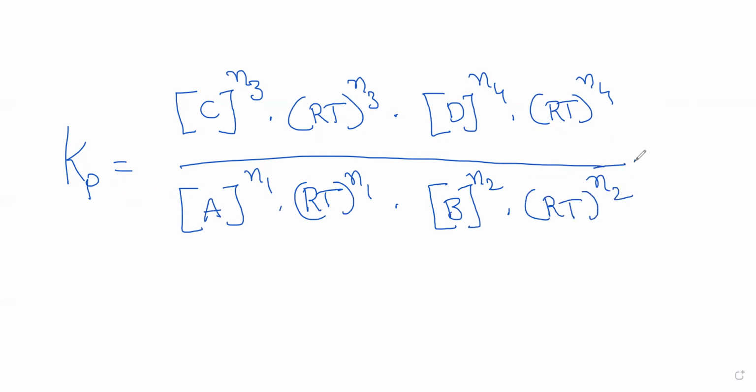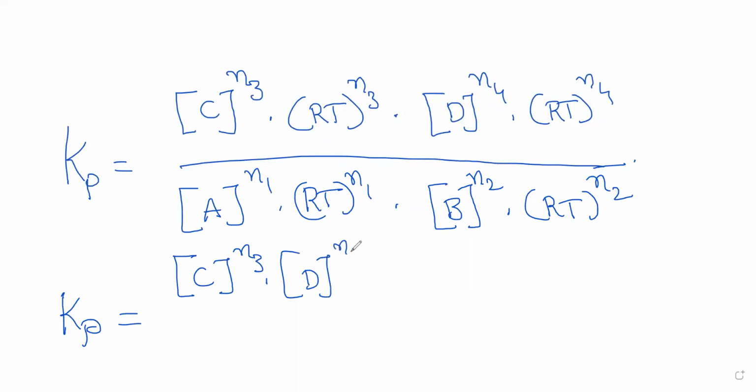Now let us do one more split. We will write like this: concentration of C power n3 into concentration of D whole power n4, divided by concentration of A whole power n1 into concentration of B whole power n2.